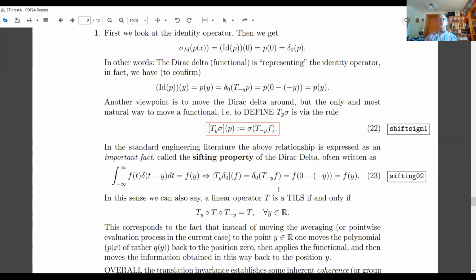Now, if you're using this definition, then suddenly the famous shifting property of the Dirac delta, which is often thought as a fundamental statement in signal processing and written in a mysterious way, I'm overdoing it a little bit only, is becoming a harmless statement. So usually you find statements of this.